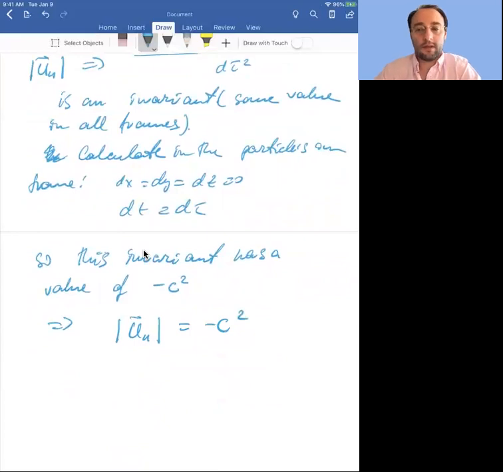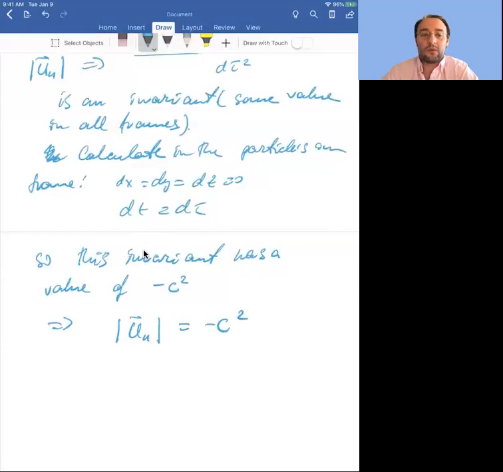This is very interesting. We interpret that as the square of the 4 speed is the same from all frames. Okay, it says that everybody's speed in space-time is the same, regardless of what frame you look at it.